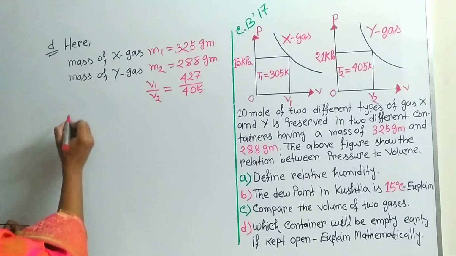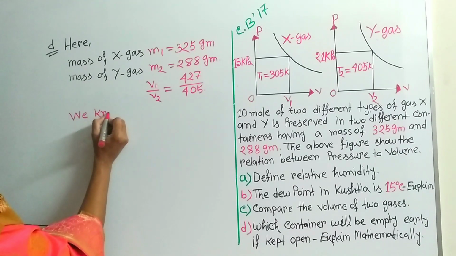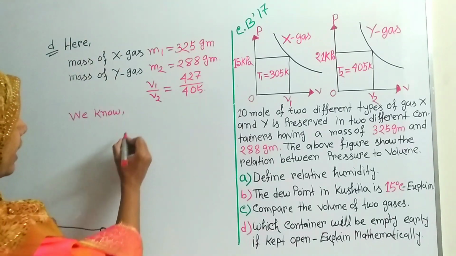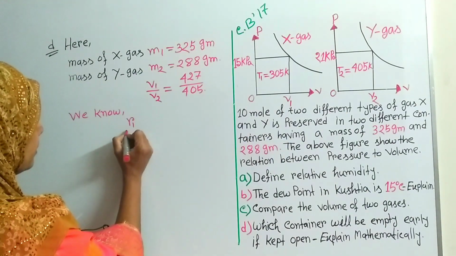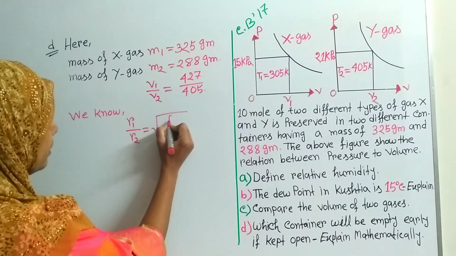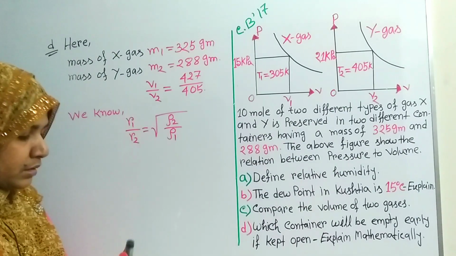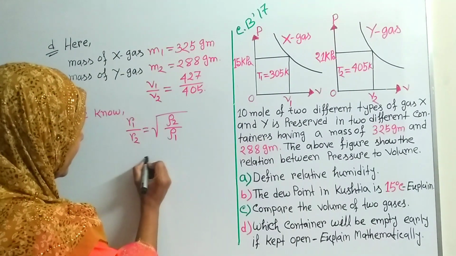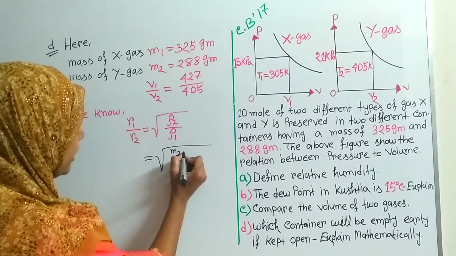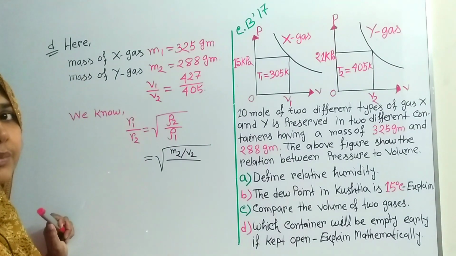Now we know that diffusion, which is denoted by R, R1 by R2 is equal to root over rho 2 by rho 1. Now we can write that rho 2 means M2 by V2. You know that density means mass by volume.